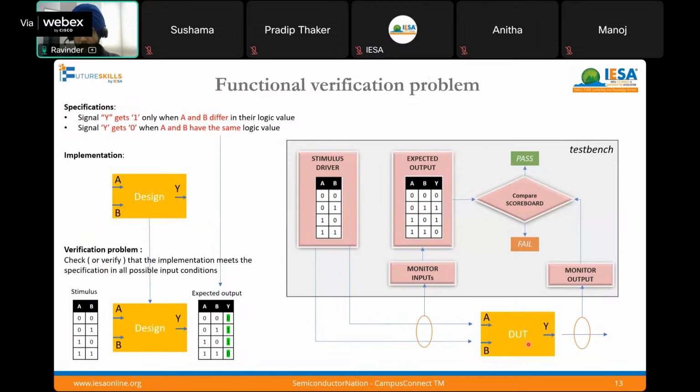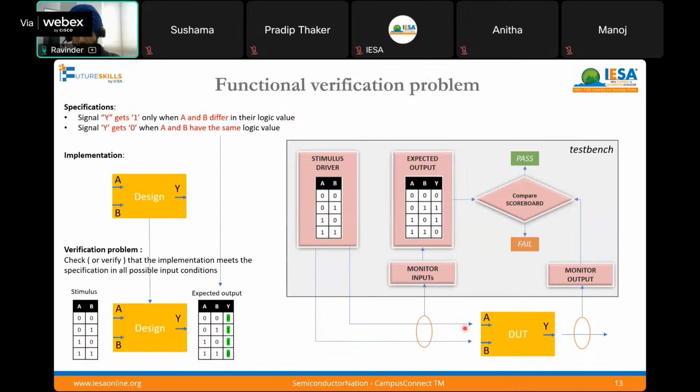Then we create a test bench around it, and the test bench just implements the concept that we discussed before. It has a stimulus generator or stimulus driver, connected to the design to generate all the possible input stimuli.